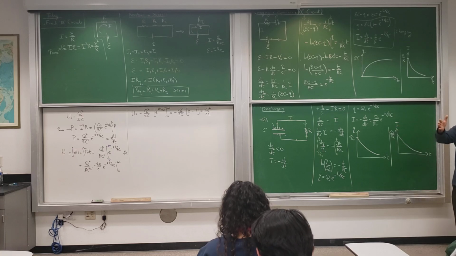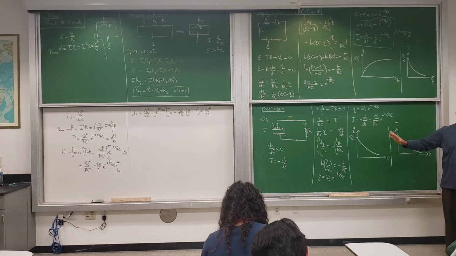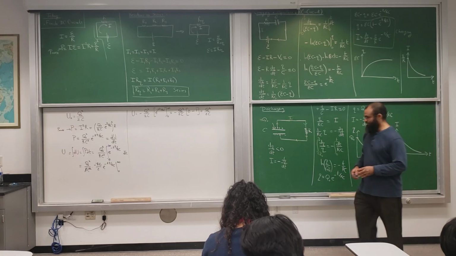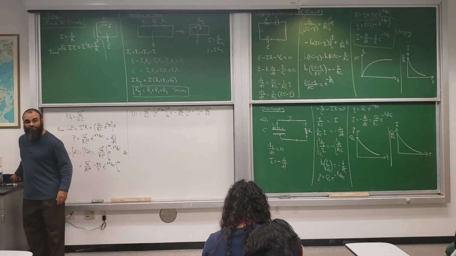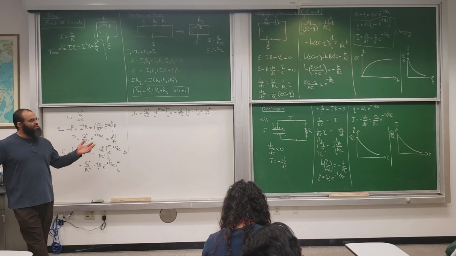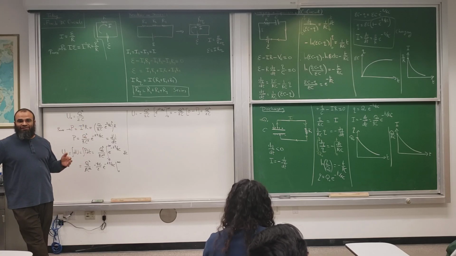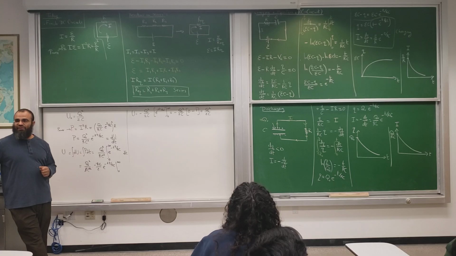But you can be satisfied, you say, when the current is below a certain amount, that's basically zero. So let's say when you lose 99% of the current, then that's essentially zero.